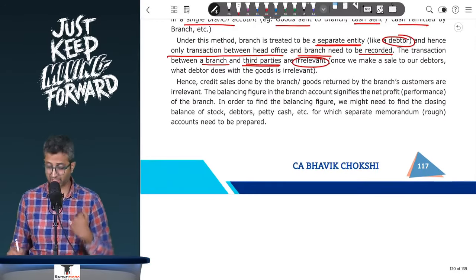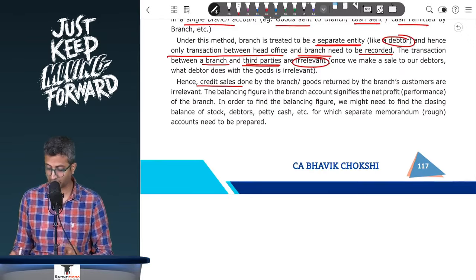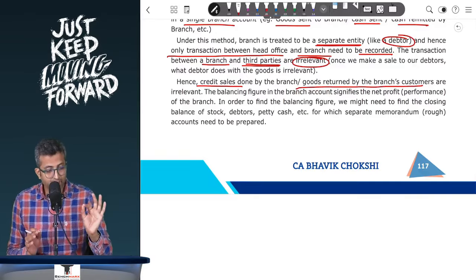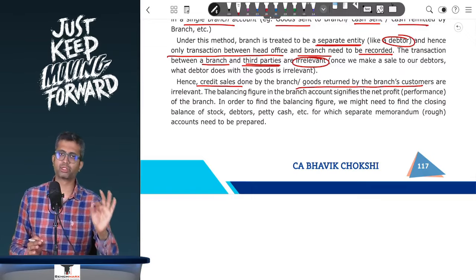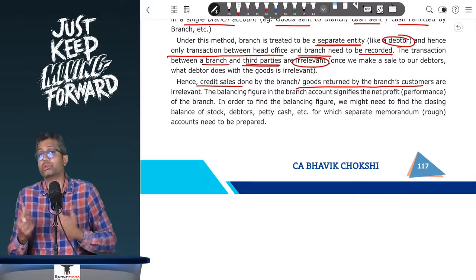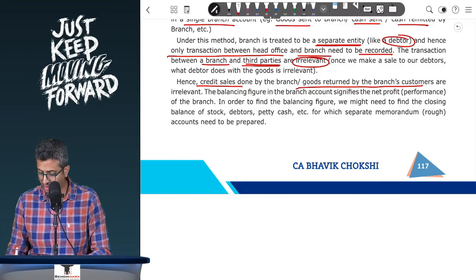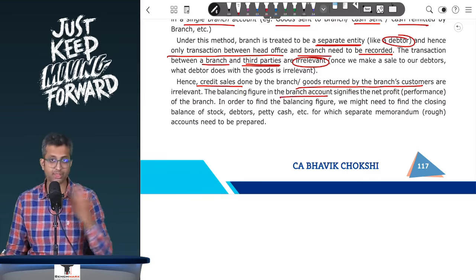So things like credit sales done by the branch, goods returned by the branch's customers are irrelevant. However, the money remitted from the branch to the head office, or the goods returned by the branch to the head office, are relevant. The balancing figure in the branch account signifies the net profit.